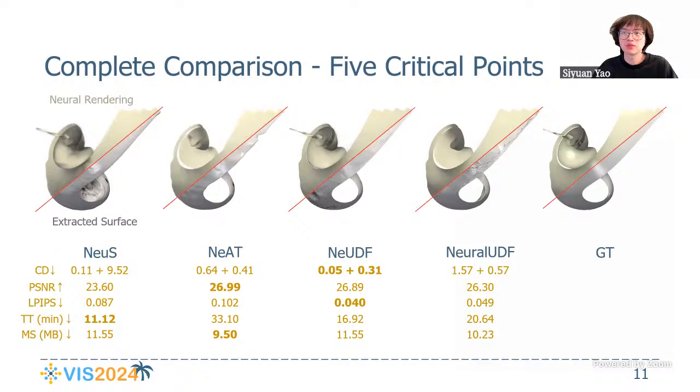For example, in this full comparison, we can see that methods have their own strengths, but the most important number would be the Chamfer distance. Therefore, we claim that NUDF produced the best quality open surfaces. Note that the Chamfer distance here, for 5 Critical Points, is presented in 2 components instead of the sum.